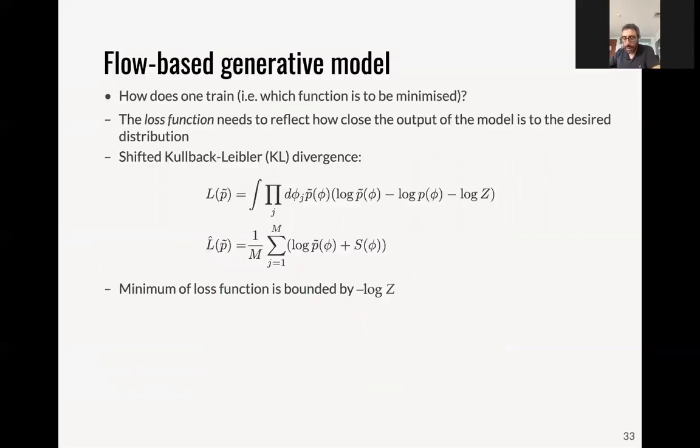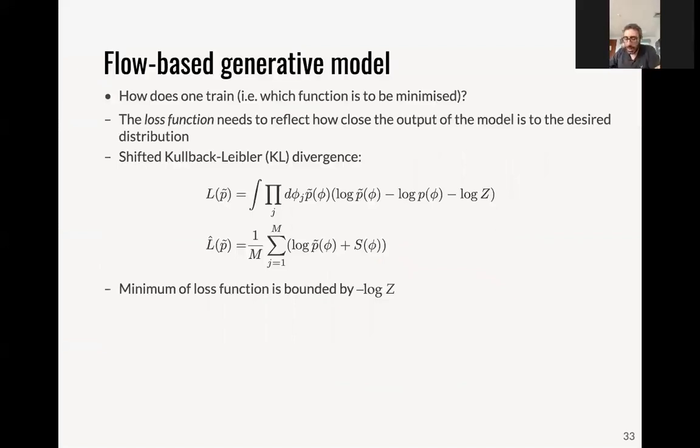Right. So S of phi is your action of phi, and p tilde of phi is that process that includes the Jacobian, right?